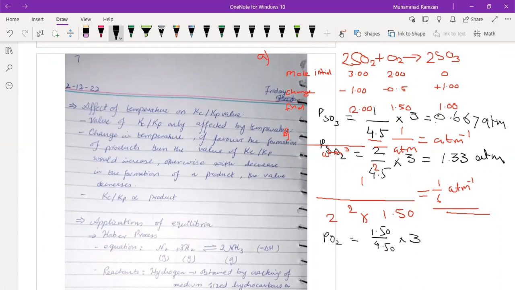You multiply 1.5 times 3 divided by 4.5. What comes up? Is it 1?